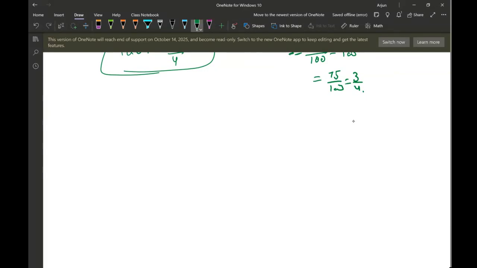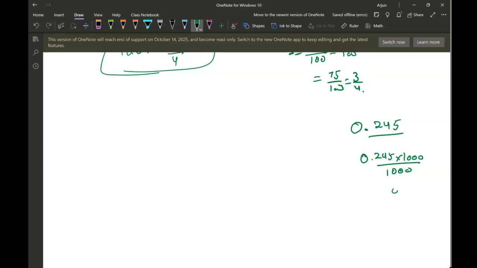Again, I'll show you one more thing. 0.245, let's say this is the number. So you're going to do 0.245 multiplied by 1000 divided by 1000. This will give you 245 divided by 1000, so 245 ab/c 1000.